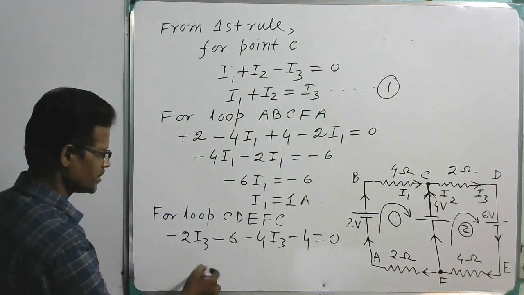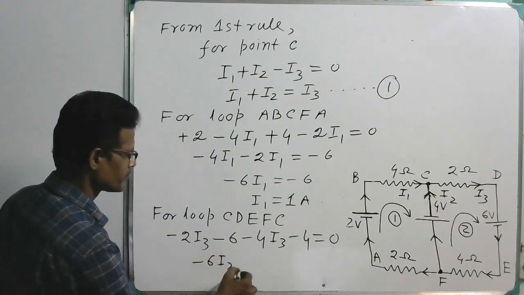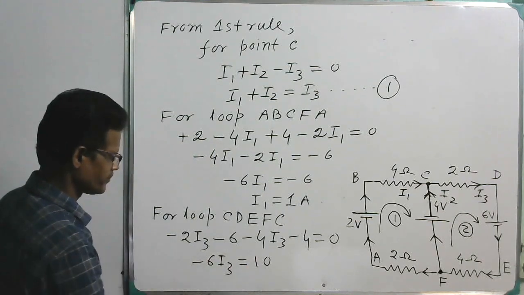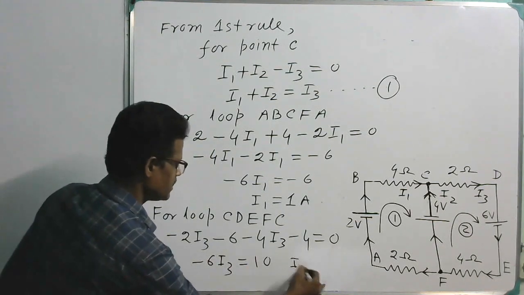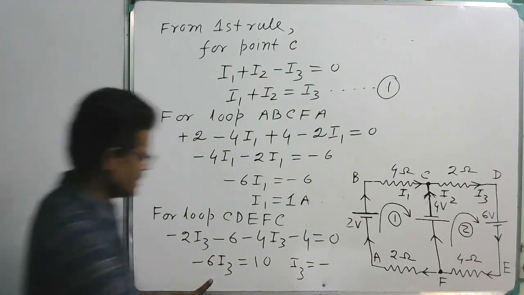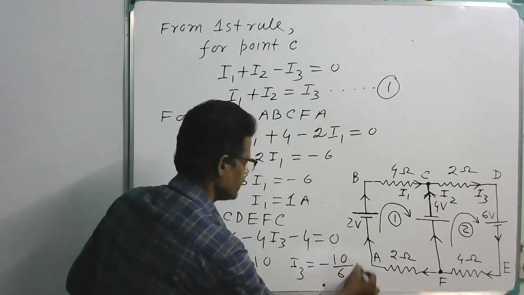So rearrange this. What is this? 6I3 equal to 10. So I3 equal to minus 10 by 6, that is 10/6 ampere.